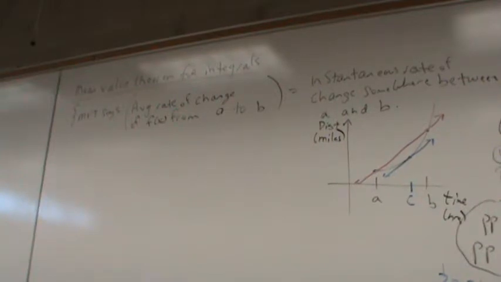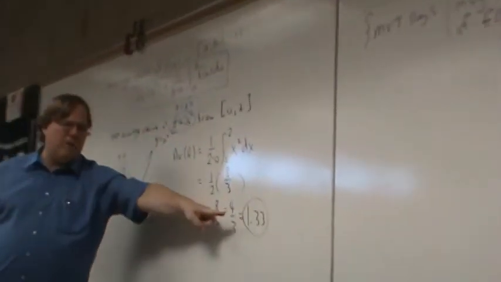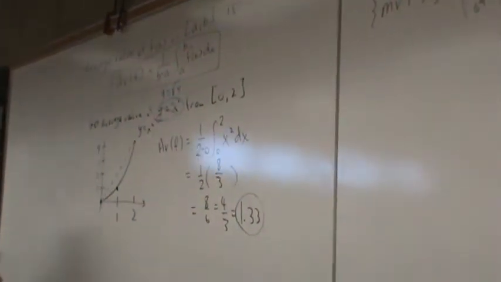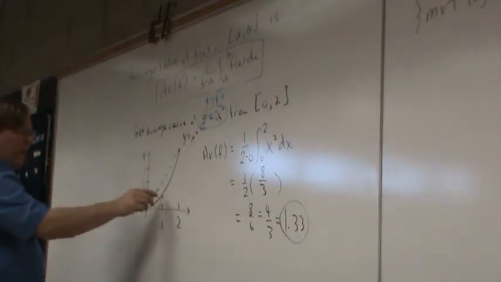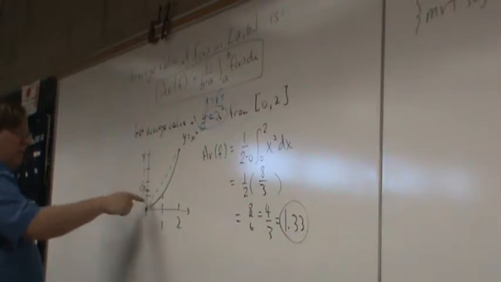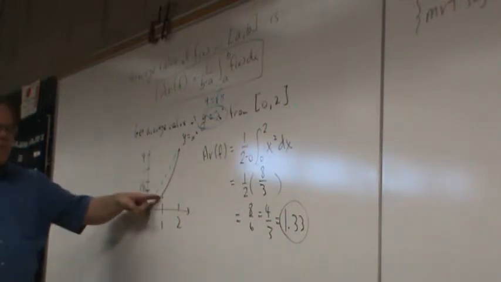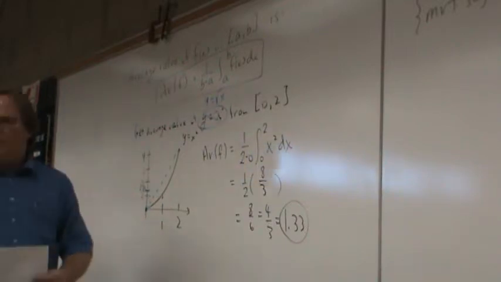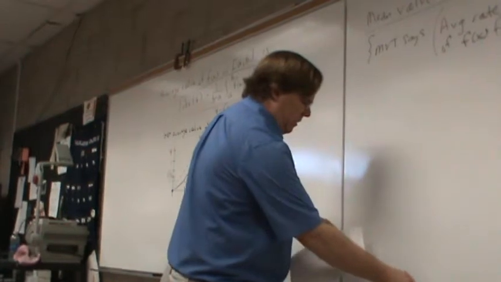If I've got the average value of a function, like in this case, the average value was 1.33, then somewhere from 0 to 2, the y-coordinate has to actually be 1.33. Somewhere along the line, your functional value has to be equal to the average value of the function. And that's what the mean value theorem for integrals says.